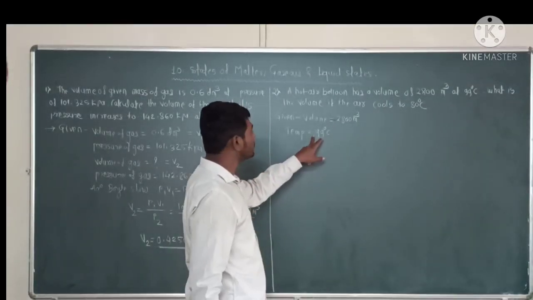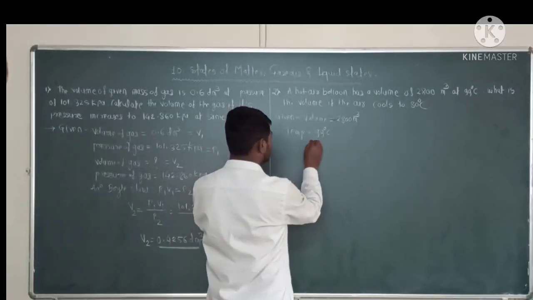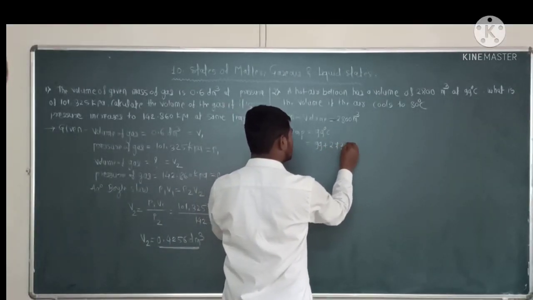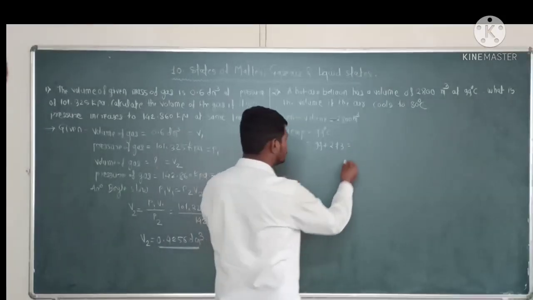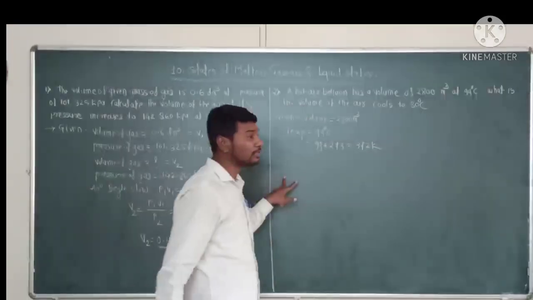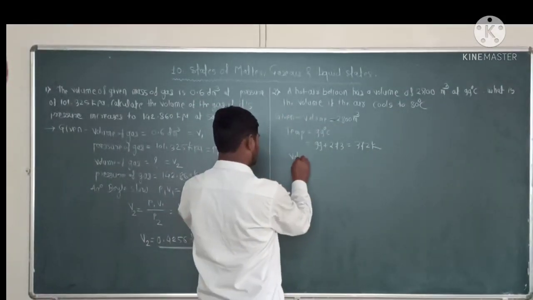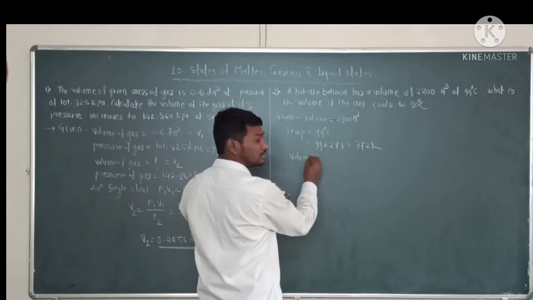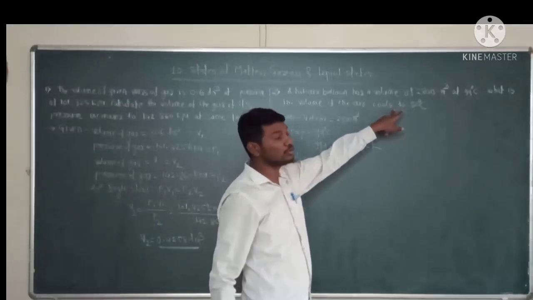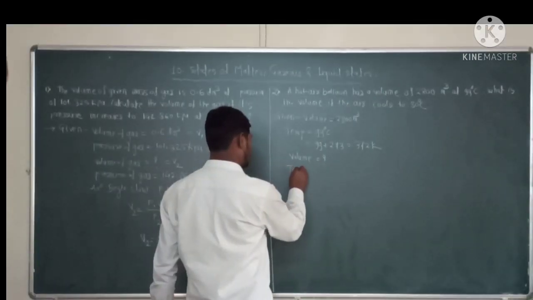Convert this temperature into Kelvin, that is 99 plus 273 is equal to 372 Kelvin. Now what is the volume? That is the question.